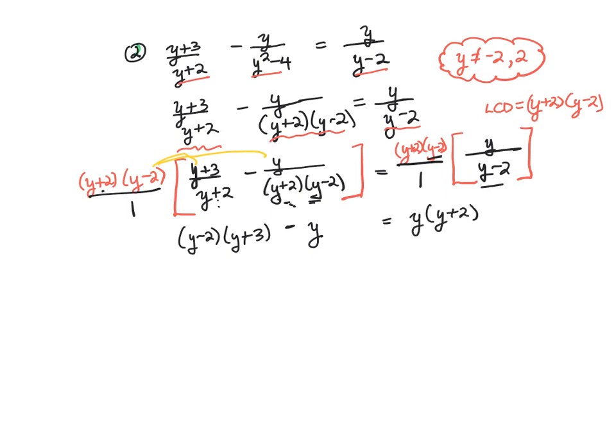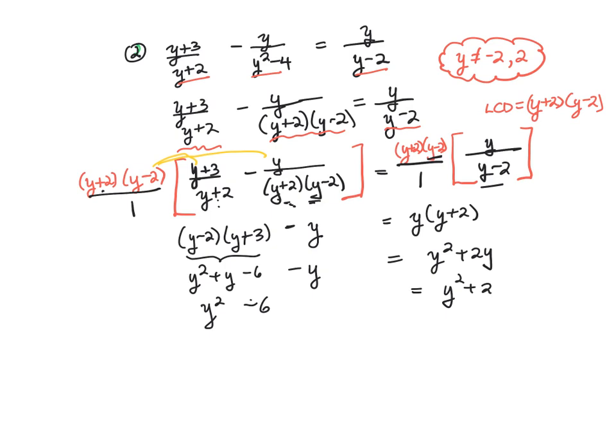So now we've cleared the denominators and we can easily solve. So if we multiply these out, we get y squared plus y minus 6 minus y. And here we distribute and we get y squared plus 2y. And combining like terms, we get y squared minus 6 equals y squared plus 2y.